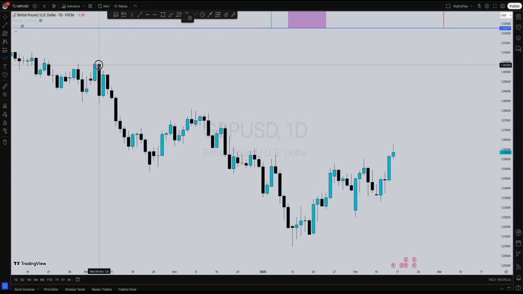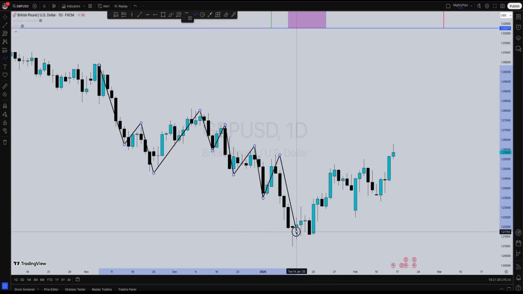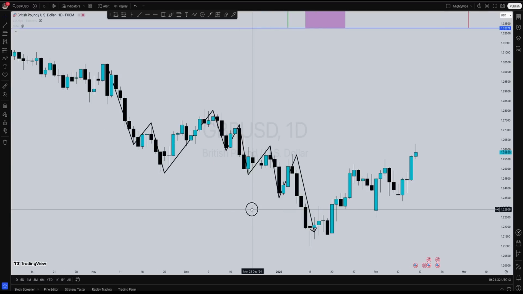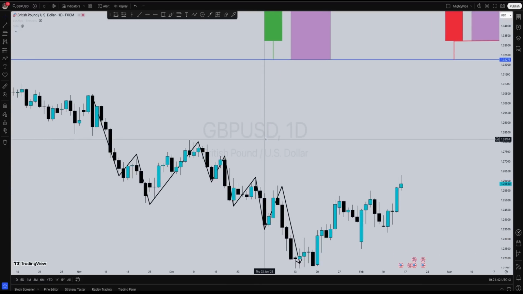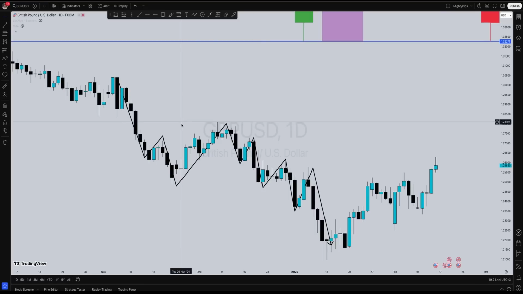For example, here when the market is moving down like this, creating lower lows and lower highs, don't trade these bullish candles, these blue candles within that downtrend. Don't trade the one candlestick strategy in a bullish scenario while the market is creating a downwards market structure. Only look for sells here.